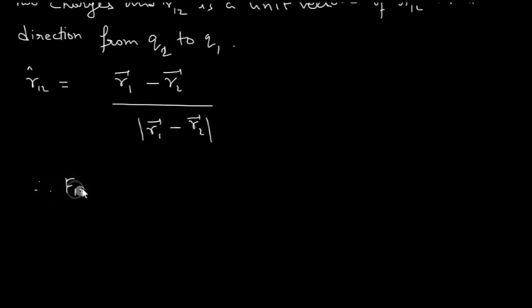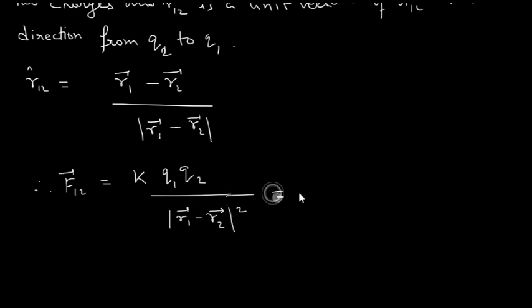Therefore, force F12 is equal to K Q1 Q2 upon modulus of r1 minus r2 whole square, and also we have to write the value of unit vector r, which is r1 minus r2 upon modulus of r1 minus r2.